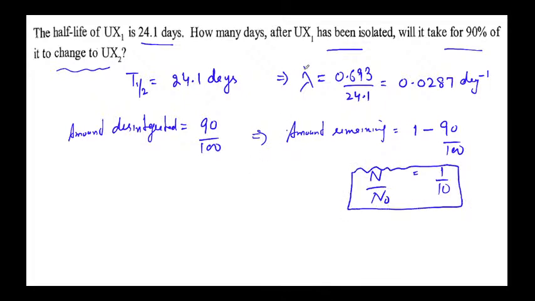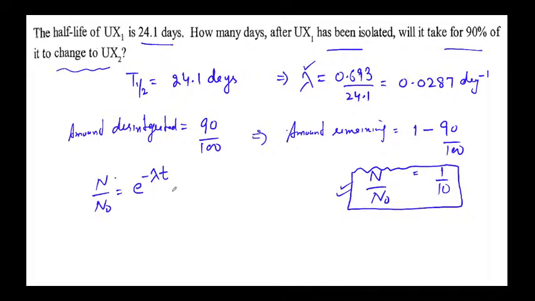So lambda we know, N/N0 ratio we know, and from that we can calculate in how much time 90% will disintegrate. So N/N0 is equal to exponential of minus lambda into T.